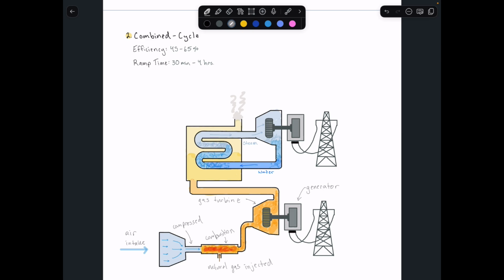But instead of just releasing the exhaust gases from here, what happens is that these exhaust gases are then funneled to heat up water to turn it into steam. And so right here, these exhaust gases that have gone through the gas turbine are usually very hot.